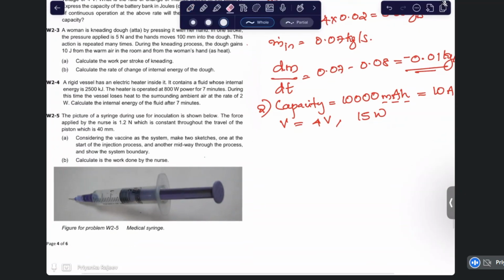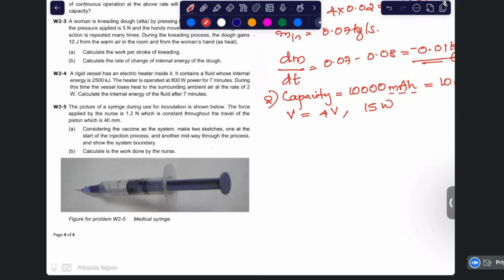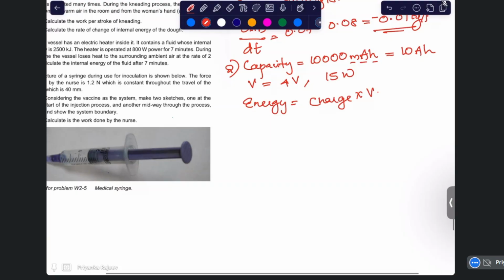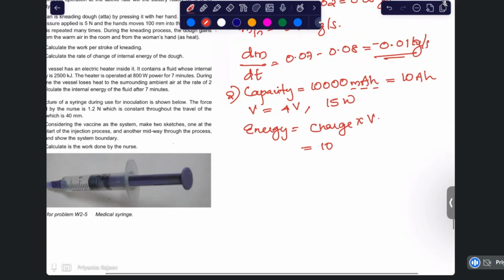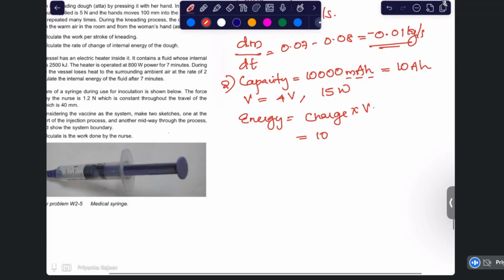Now capacity to joules, how to convert? Energy is equal to charge times voltage. It is given in ampere hour. 10 is the value of capacity, so 10 ampere hour.